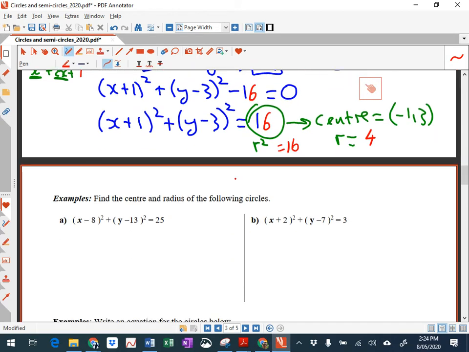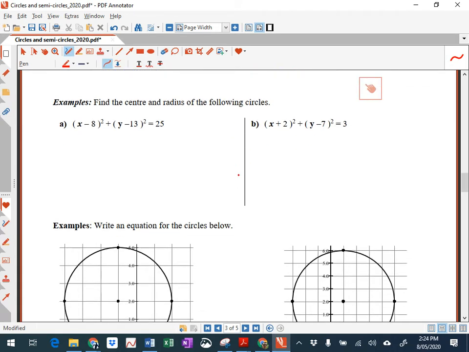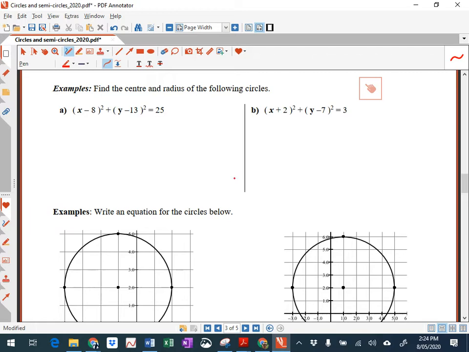All right, now, next question. Find the centre and radius of the following circles. So the centre and radius of this circle. So you can pause the video if you want to have a go at this. Centre equals, radius equals.